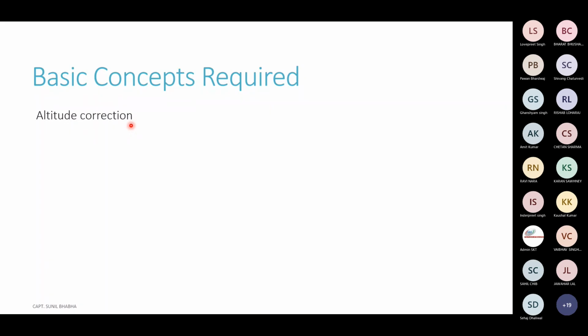The altitude which the sextant gives us is known as sextant altitude. It has to be corrected to obtain the true altitude of the body. That is the concept of altitude correction. So we will now be refreshing the altitude correction.